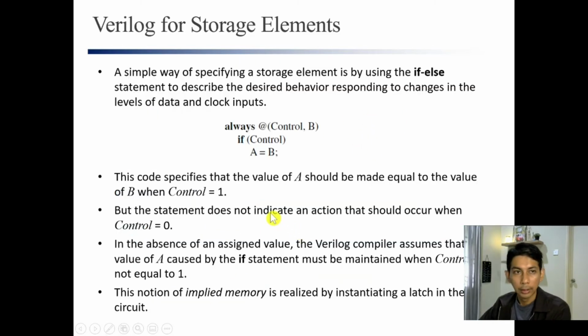Now we come to the important part: how to create memory in Verilog. This is how we write it using behavioral modeling. When we write always, with two inputs, control and B: if control, A equal to B, done.